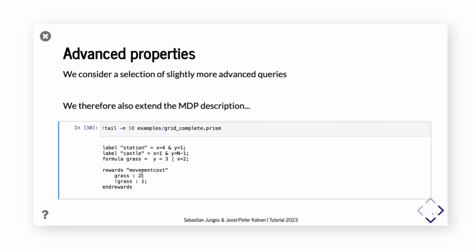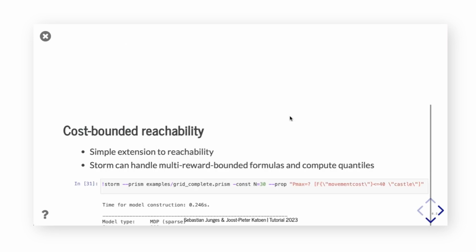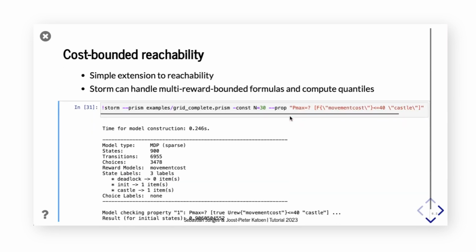And now I also provide movement costs. So now I'm saying when you're moving on grass, it takes you twice as much energy, or whatever unit of movement you want to use, than whenever you're not on grass. Then it costs you 1 unit of resource. And now we can ask a question like, what is the maximal probability to reach the castle while spending not more than 40 units of resource here?